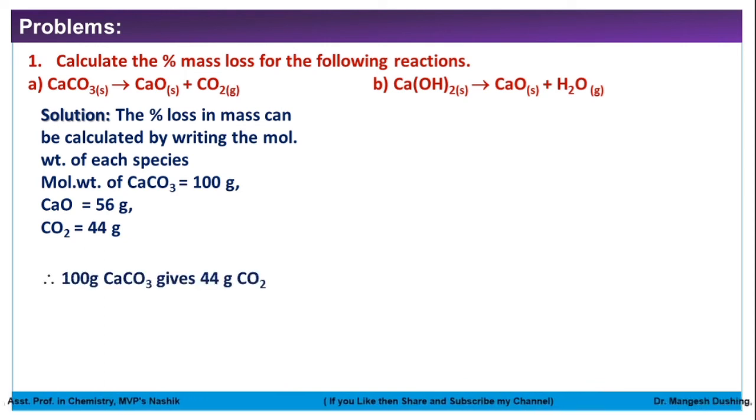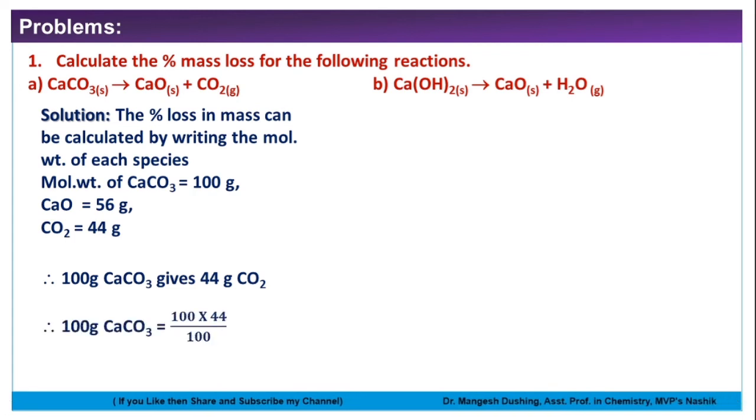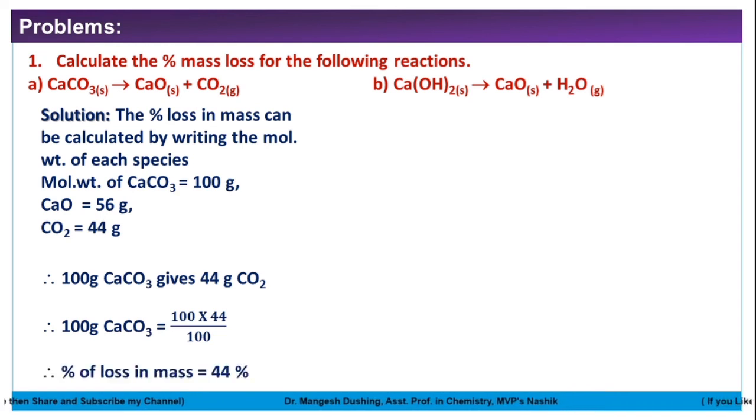So if 100 gram of CaCO3 gives 44 gram of CO2, it means 100 into 44 divided by 100 is equal to 44. So the percentage loss in mass is 44%.